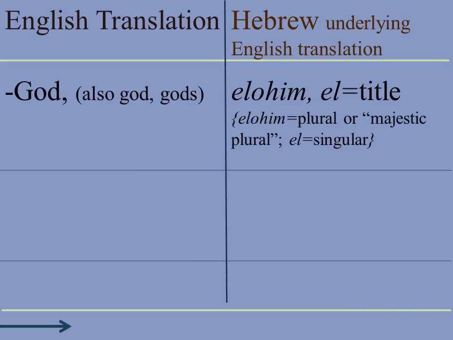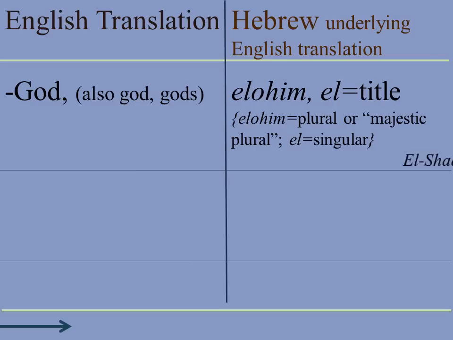Elohim is the plural form of El, and so translated gods. The term may also be used as a majestic plural, and so Elohim is frequently translated, depending on context, as capital G-O-D. El is the singular form, and so translated in English as lowercase g-o-d.